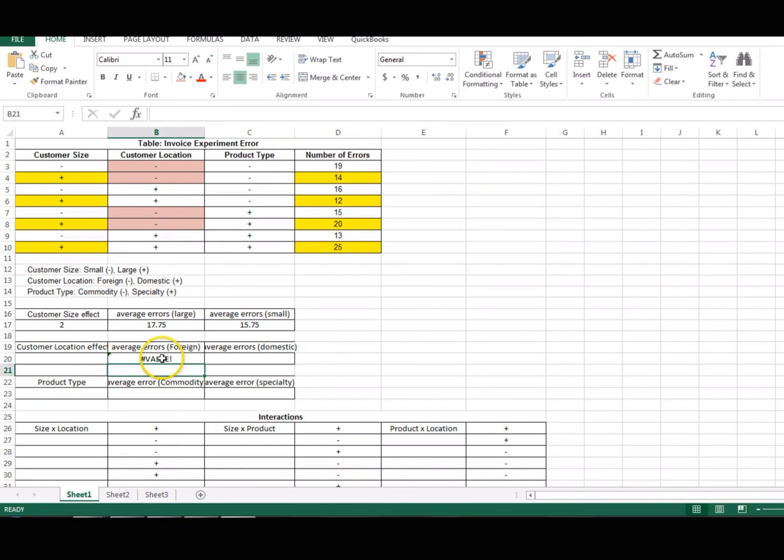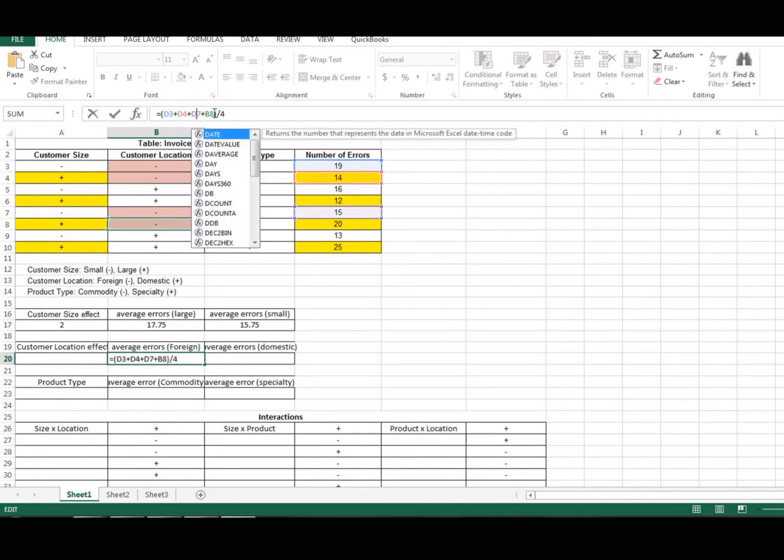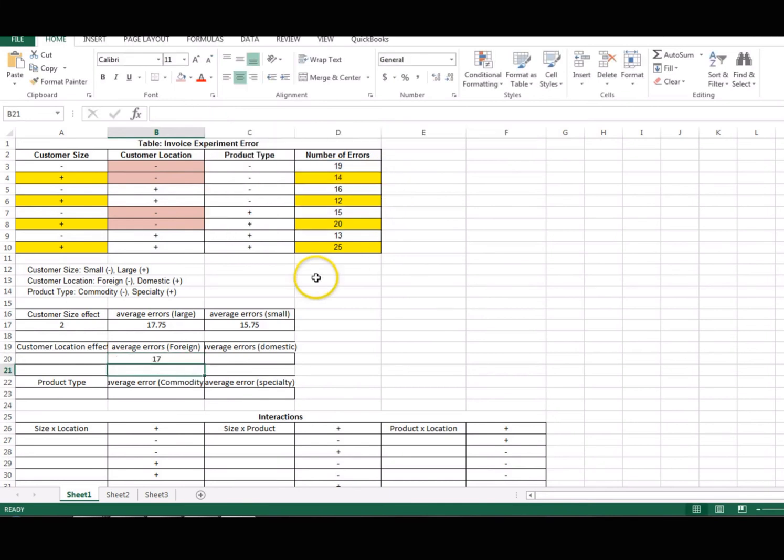It would just say value, because the computation makes no sense to the program. But if you change these to D's, now you're using these cells, the ones that you see here highlighted in the outlines. Okay, hit enter, and there you go.